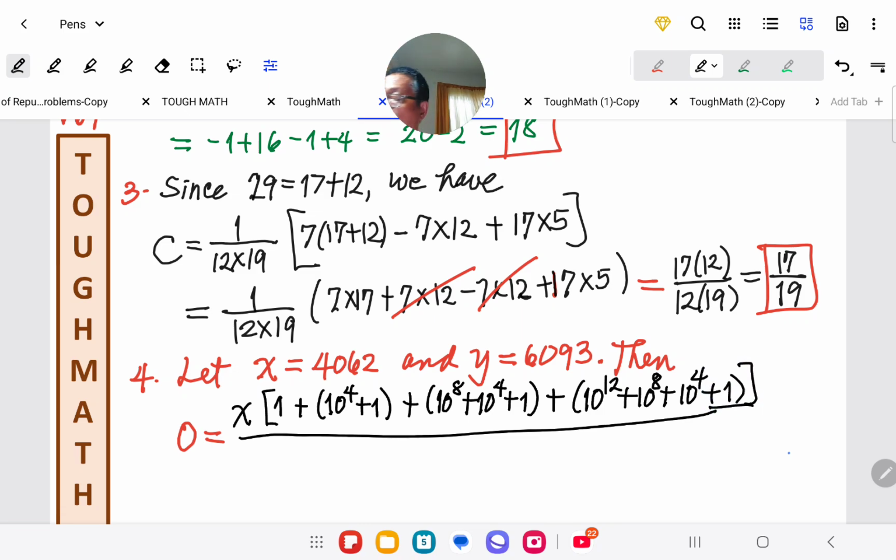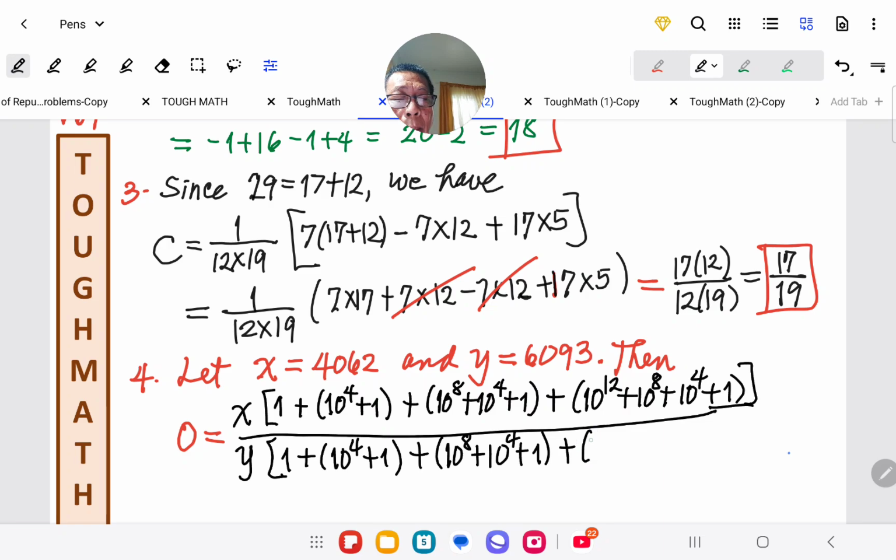Okay. Similarly, in the denominator, you have a y here, and then the same expression, plus 10 to the 12 plus 10 to the 8 plus 10 to the 4th plus 1. The constant coefficients are similar, so therefore they cancel each other.